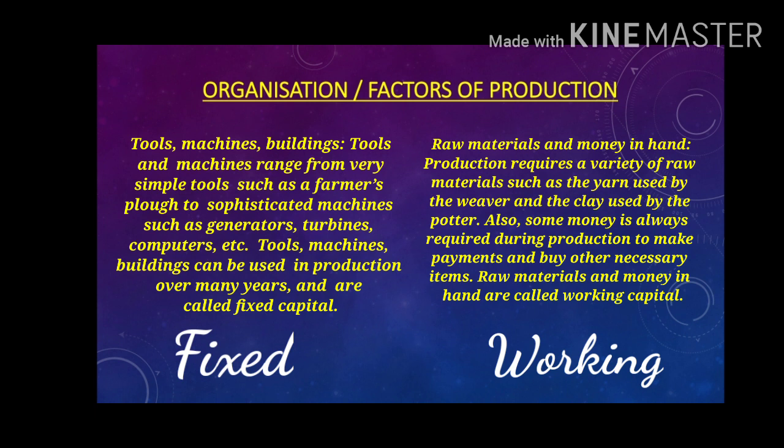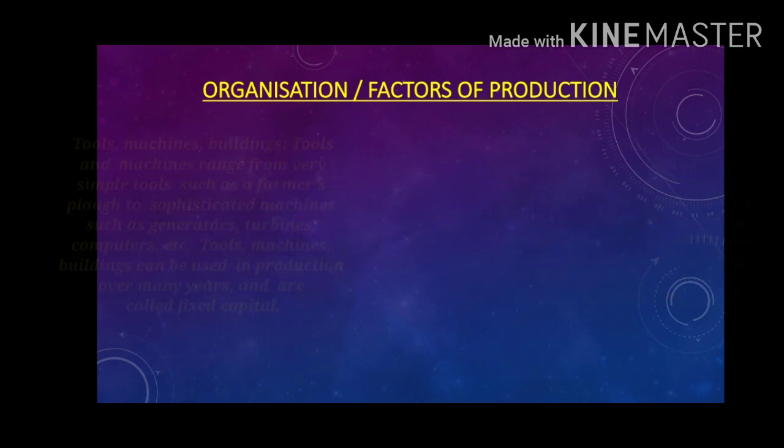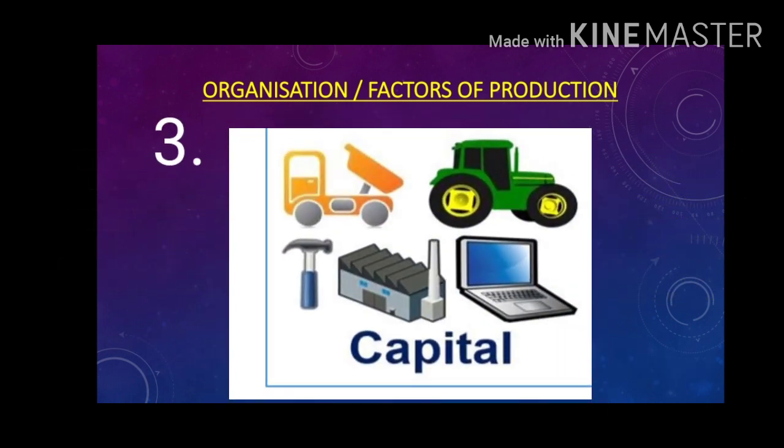Machines and all which are required, and they are called fixed because you can have them later in life also. You don't have to keep buying them again and again. Whereas working capital is like you have to keep buying them again and again. They are raw materials, money in hand, variety of products. So it's a continuous process of investing. That is the basic difference between these two capitals.